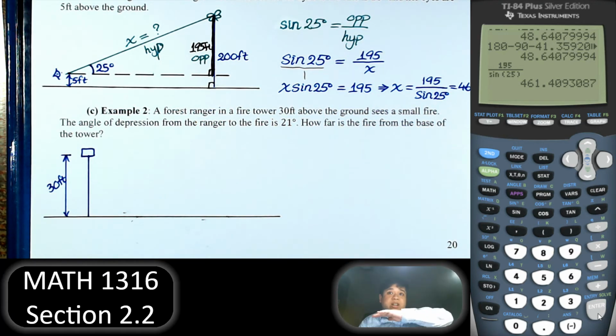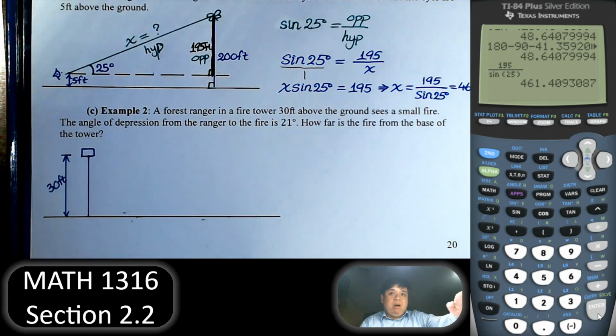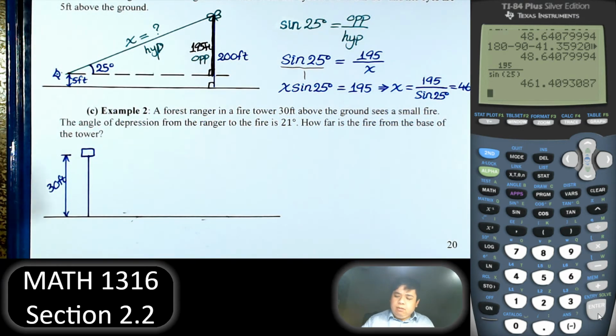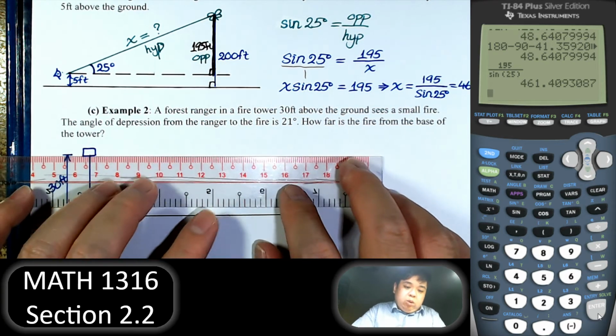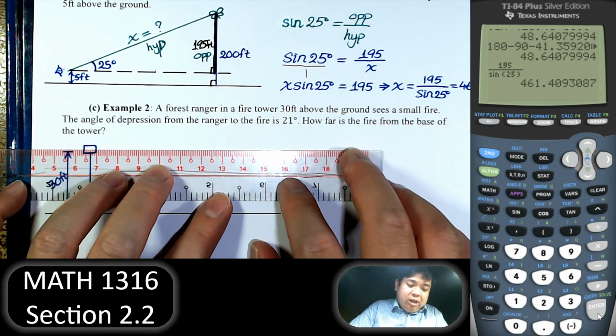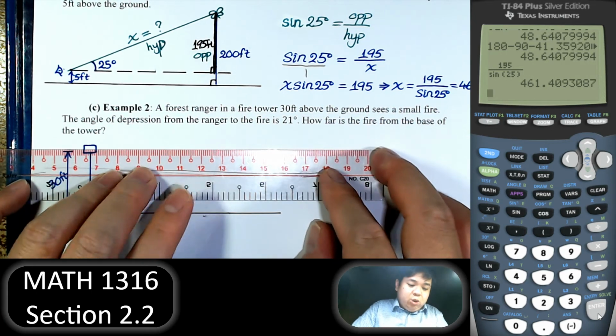He sees a small fire. Once again, we assume that the ground is perfectly horizontal, and the forest ranger sees a small fire. That is, the angle of depression is 21 degrees from the ranger to the fire.